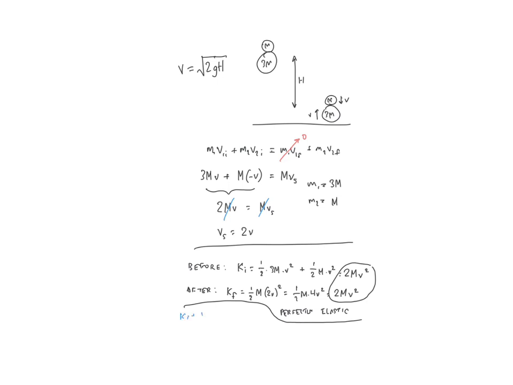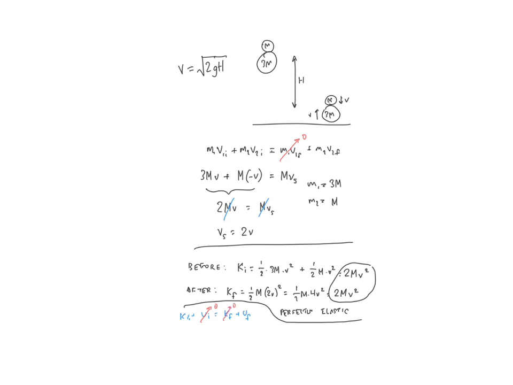So Ki plus Ui is equal to Kf plus Uf. When the sphere is first moving upward, it does have kinetic energy, but it does not have gravitational energy because it's at the ground level. So we'll say Ui is equal to 0. And then at the highest point, the kinetic energy goes to 0.